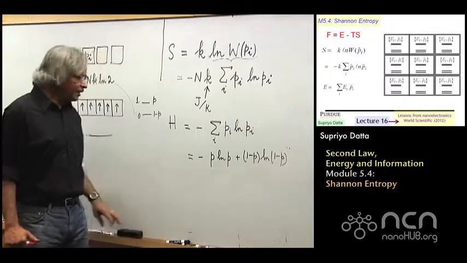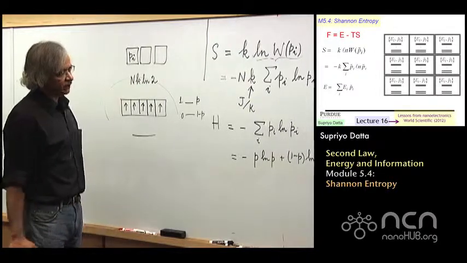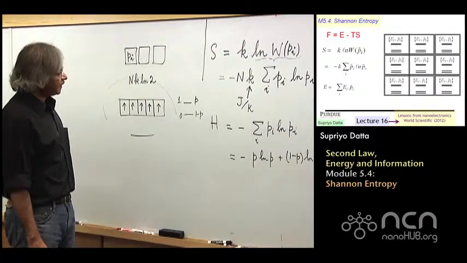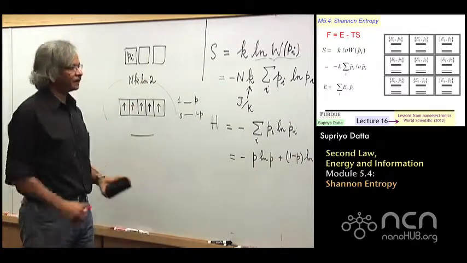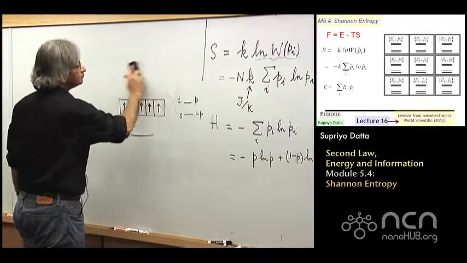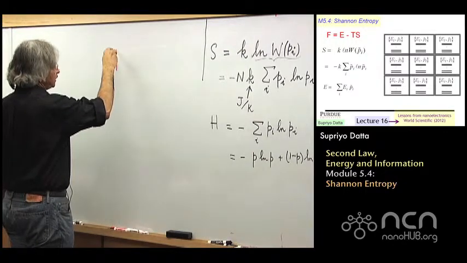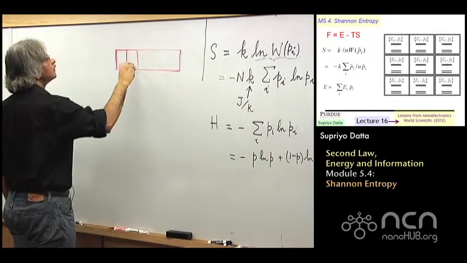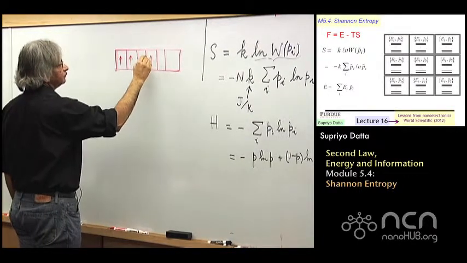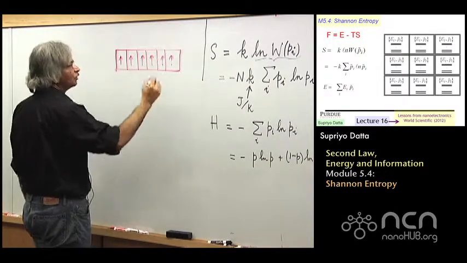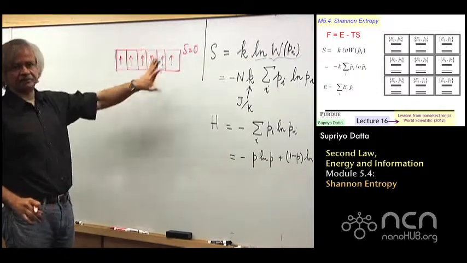And one of the things I'd like to, I guess we'll finish up in the next module with this idea, is that let us say we have a collection of spins, which you know is exactly all up, which means you know that its entropy is 0, because you know that this all happens to be up.